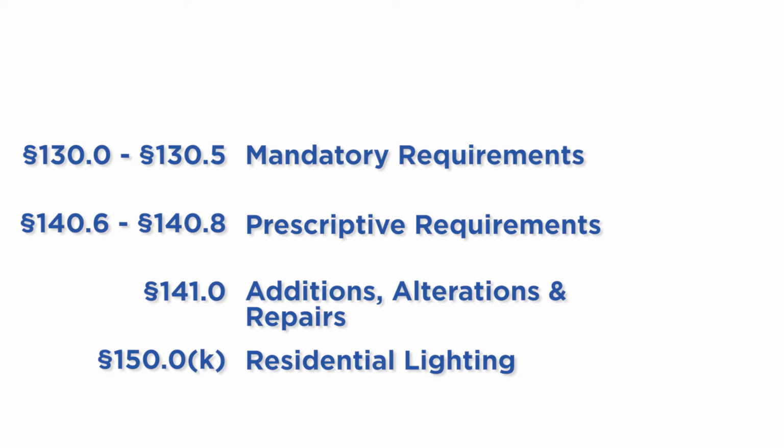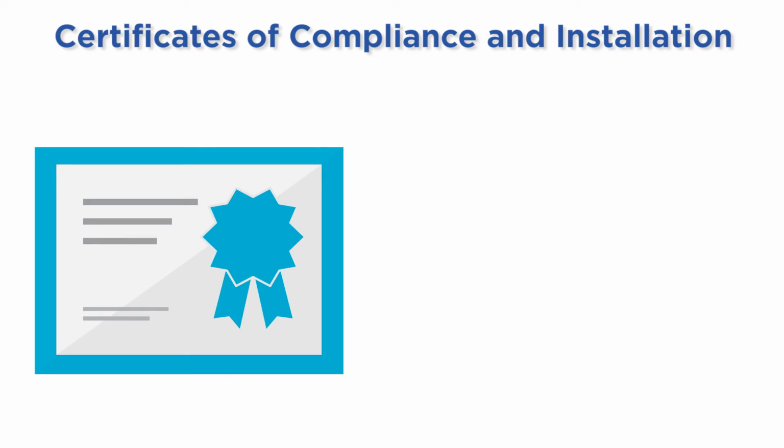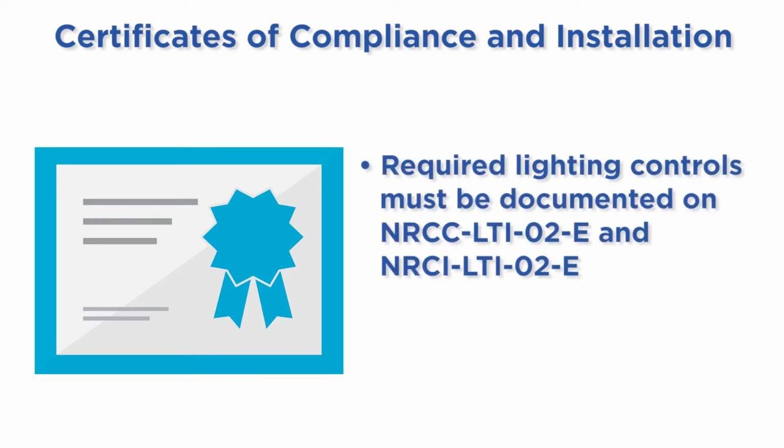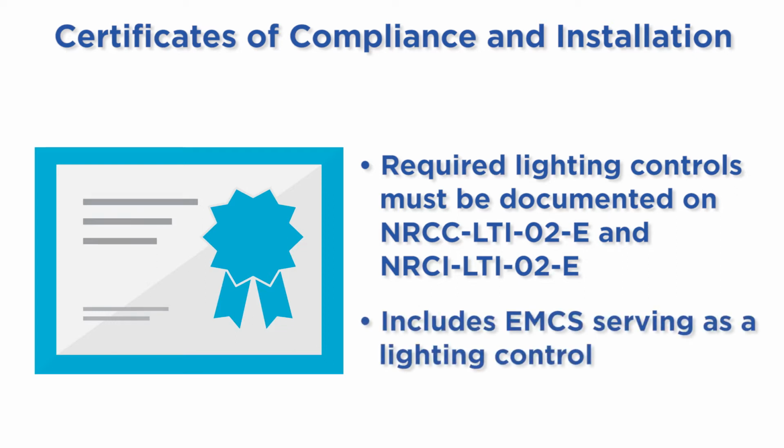Lighting controls installed to comply with the energy standards must meet all applicable requirements for the lighting control application for which they are installed. For a lighting control system to be recognized for compliance with the lighting control requirements in the energy standards, including an energy management control system acting as a lighting control, the system must be documented on the appropriate certificates of compliance and installation.